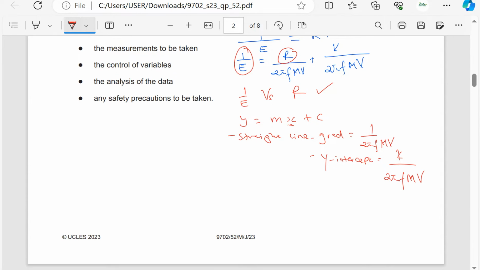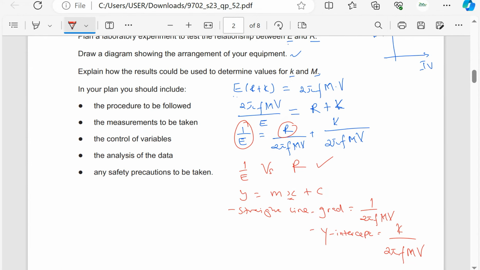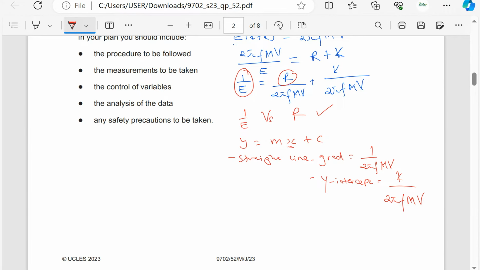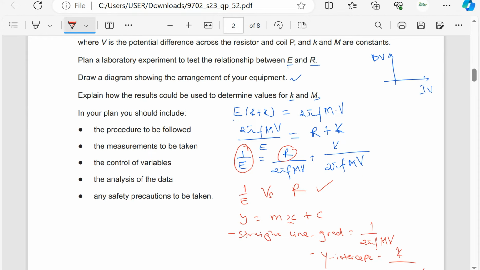So it means if the gradient is known and I want to find K, then K will be equal to 2 pi F M V times the y-intercept. And then how to determine M?